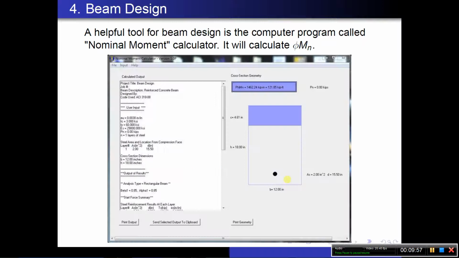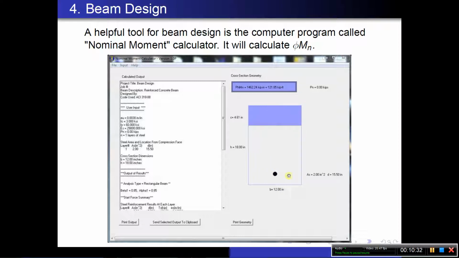Now, the next thing that I want to show you about beam design is that I have created a computer program that will calculate phi mn for you. And this is called the nominal moment calculator, and it provides some calculated output over here and results. It also shows a picture of the beam cross section, and it shows the portion that's in compression.